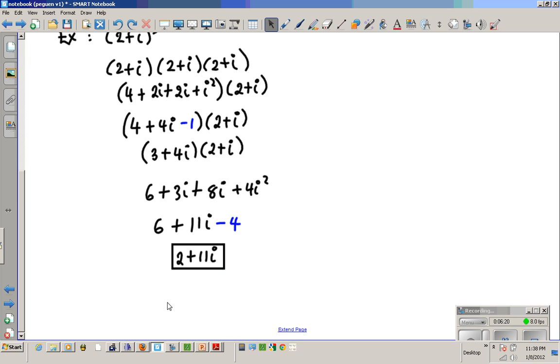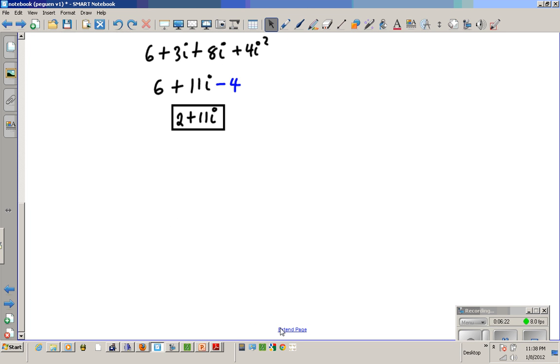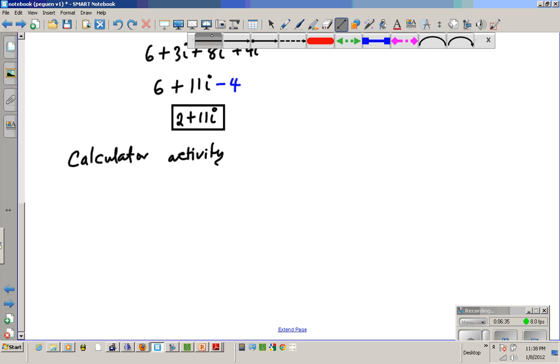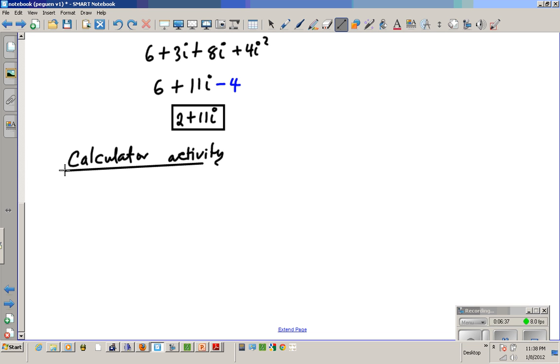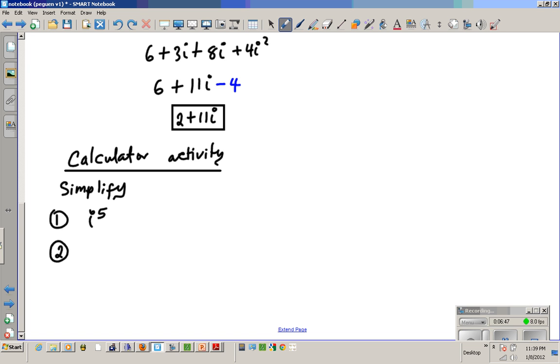Alright? So I'd like you to use your calculators to try out the following. Calculator activity. Simplify. Number 1, i to the 5th. Number 2, i to the 4th.